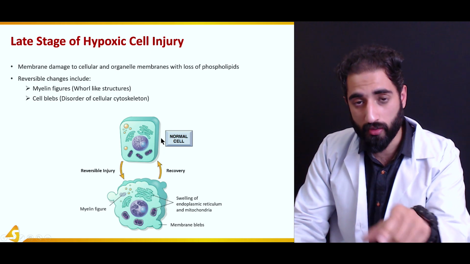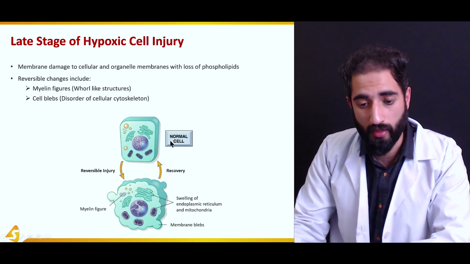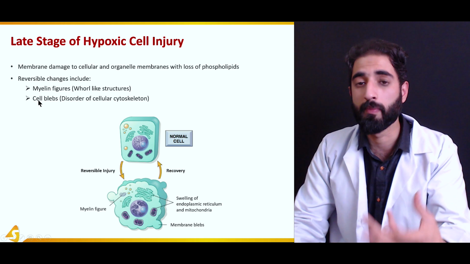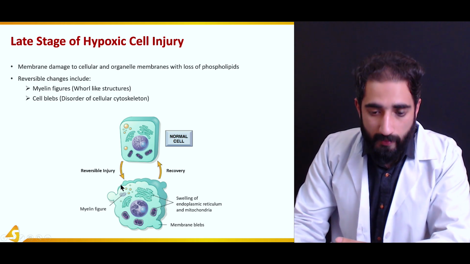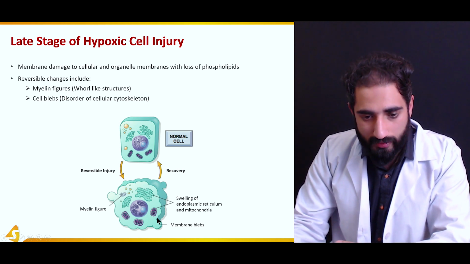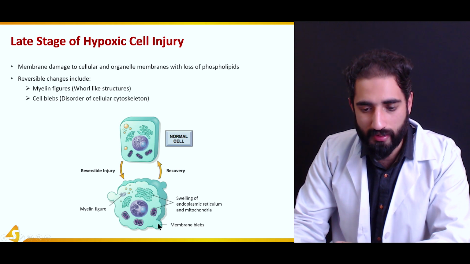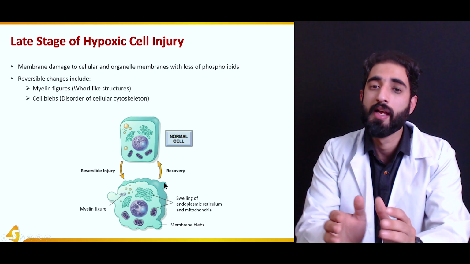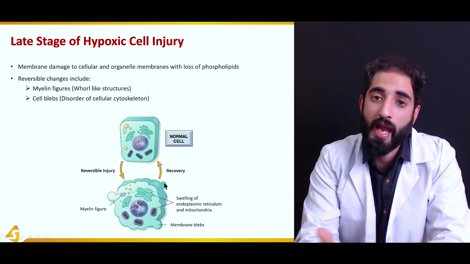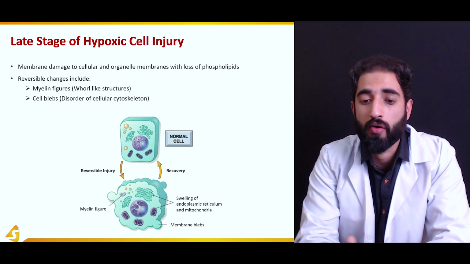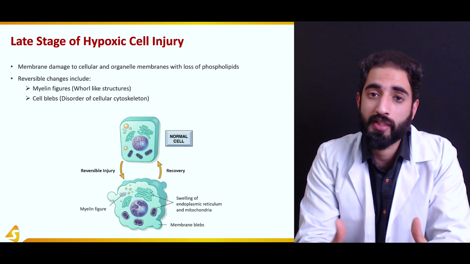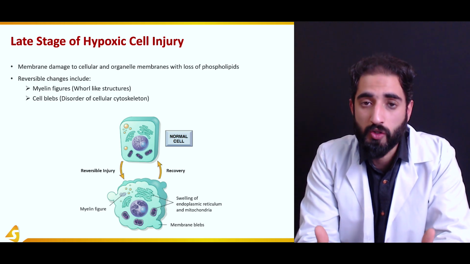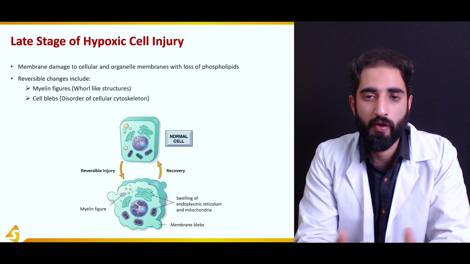And then there's another very important manifestation which we can find here as well, which is the cell blebs. These are outgrowths which you can see here. This is a cell bleb, this is another cell bleb, this is another cell bleb, and these occur because of the disorder of the cellular cytoskeleton, which is responsible for the shape of the cell.